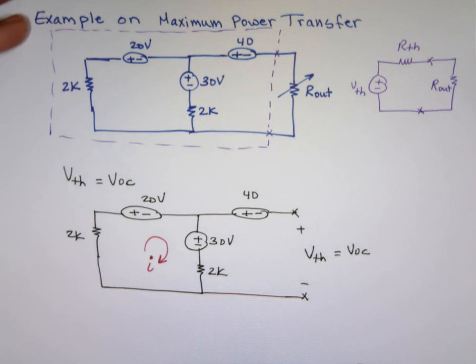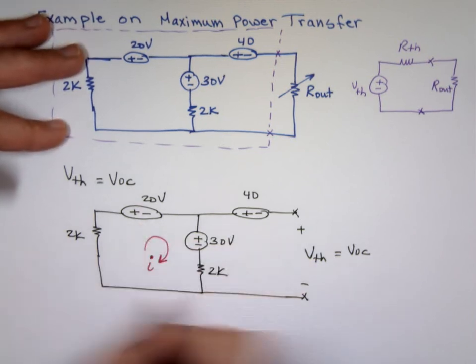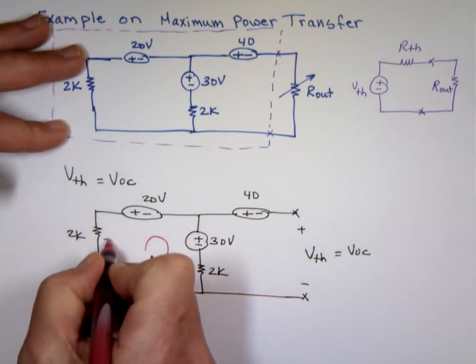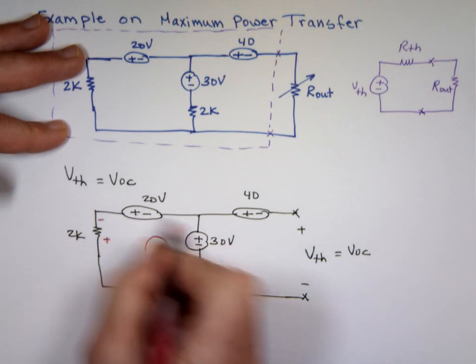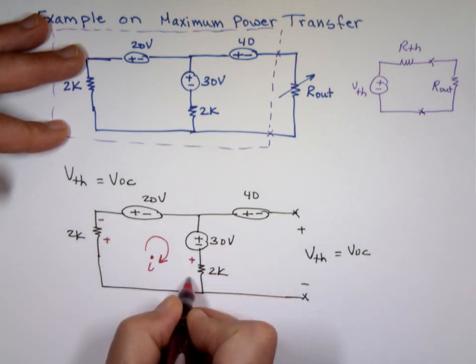Let's see if I can find that current. As I'm traveling clockwise, going to mark it plus to minus. This doesn't change here, plus to minus.